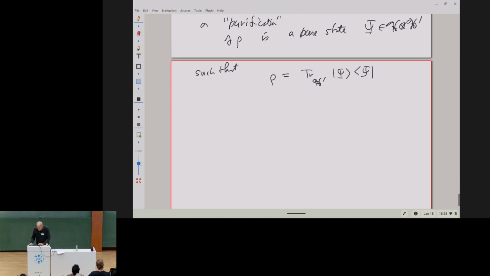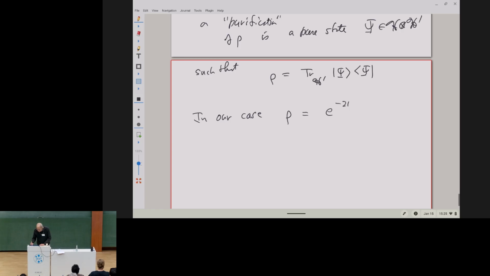So in this case, rho equals e to the minus 2 pi kr, which was defined as the trace over H left of the vacuum projection operator.